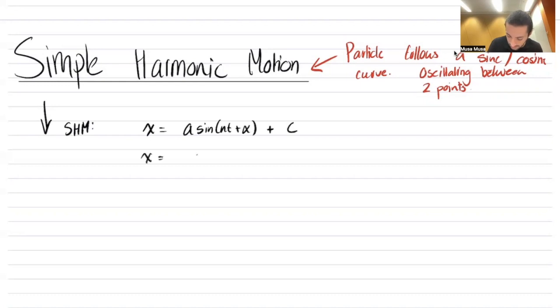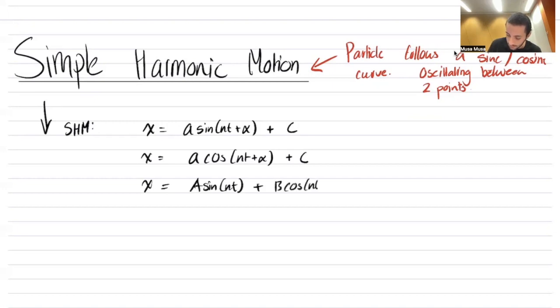The next is a cos(nt + alpha) plus c. And the last one is a combination of sine and cosine, so x equals something like a sin nt plus b cos nt.